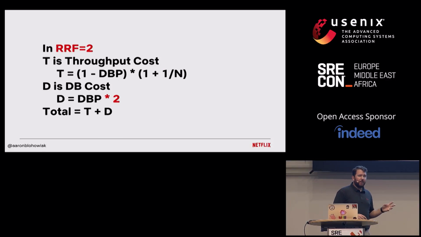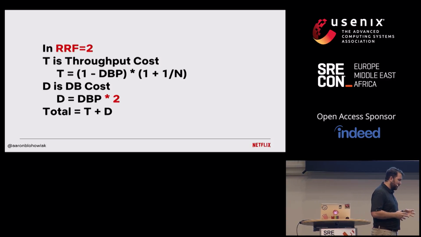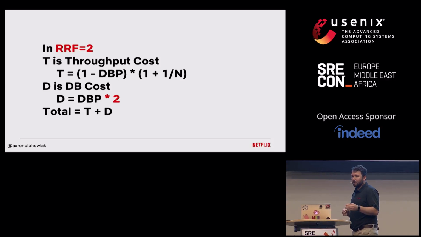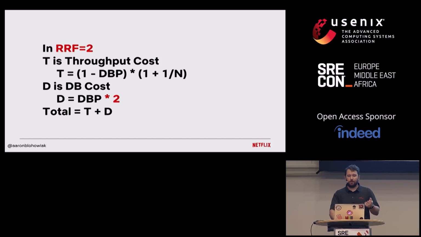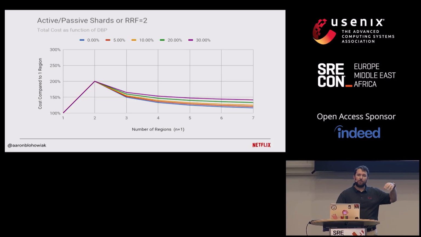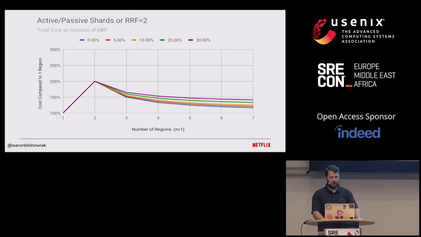However, if we can make our system work in such a way that each user's data is only in 2 places, then our cost curve changes. Now we no longer have any portion that grows as a function of the number of regions. We have the pure sublinearity of reducing our failover overhead with a fixed database cost of 2 times our one region cost.